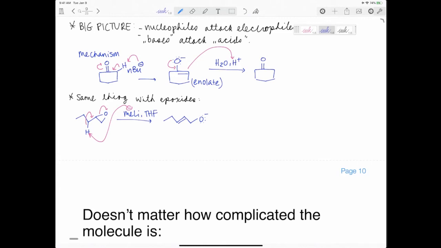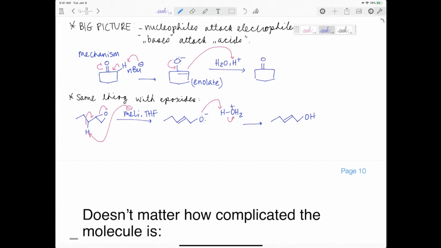And then if you treat that with an acidic solution of any sort, you would just get your alcohol.